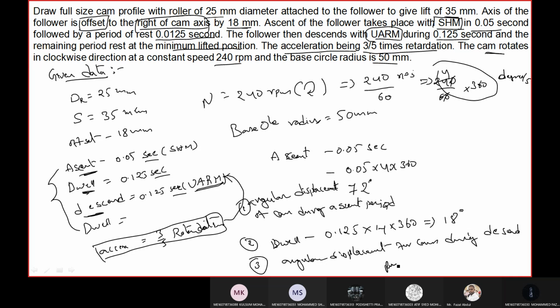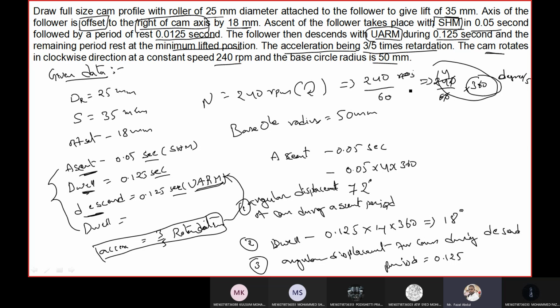How much is that one? First I converted RPM into RPS. This one. Then this one converted into degree per second. Degree per second means multiply with the 360 degrees.